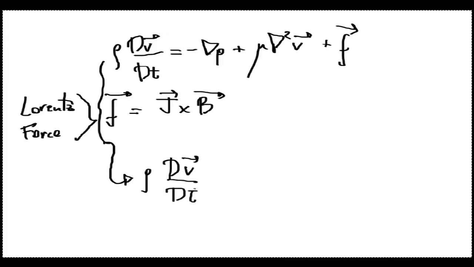Okay, well, we can add other volumetric forces if we want, like I said earlier, gravity: the gravity acceleration, that will be rho times g, the gravity acceleration vector, and rho the fluid density.